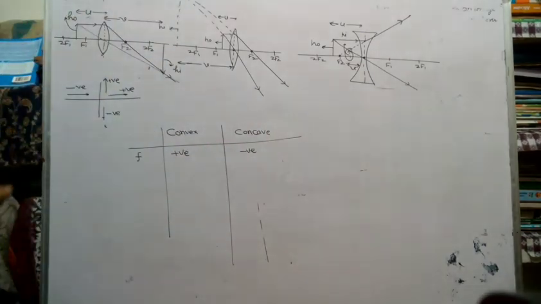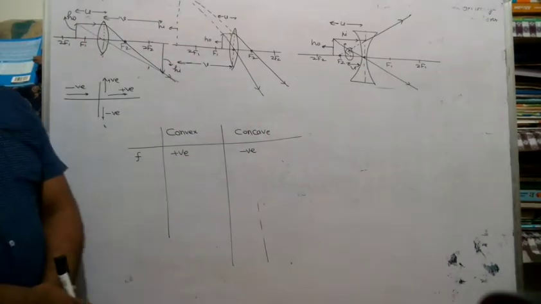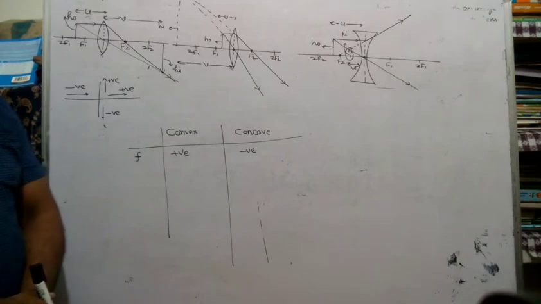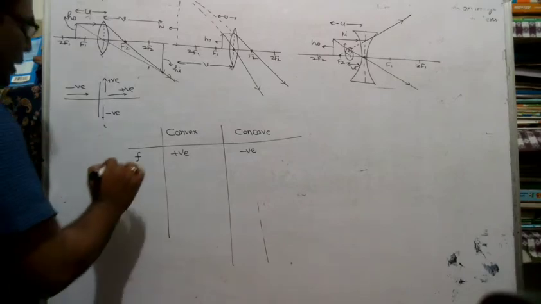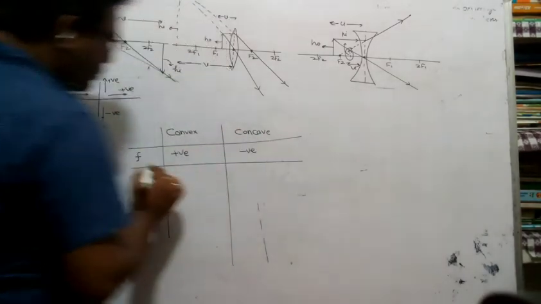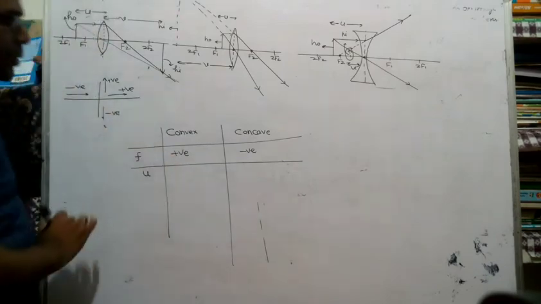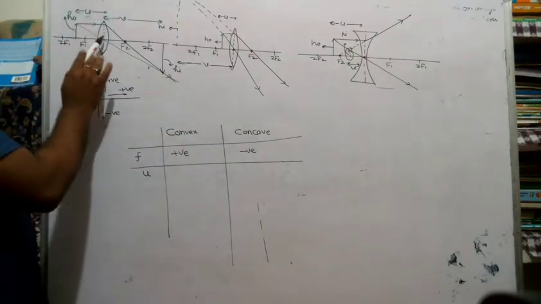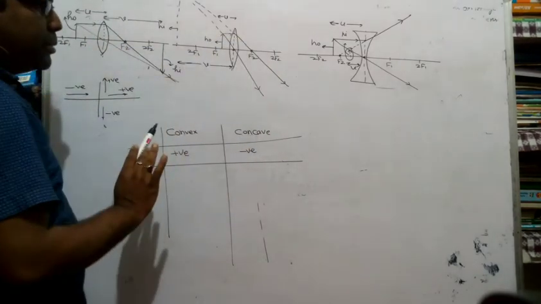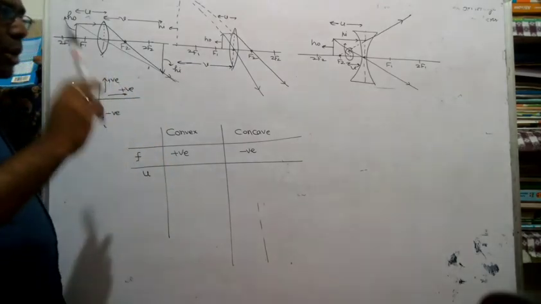So focal length of convex lens is positive and concave lens is negative. Next, u, position of the object. Beta, in all of these three diagrams, position of the object is on the left.